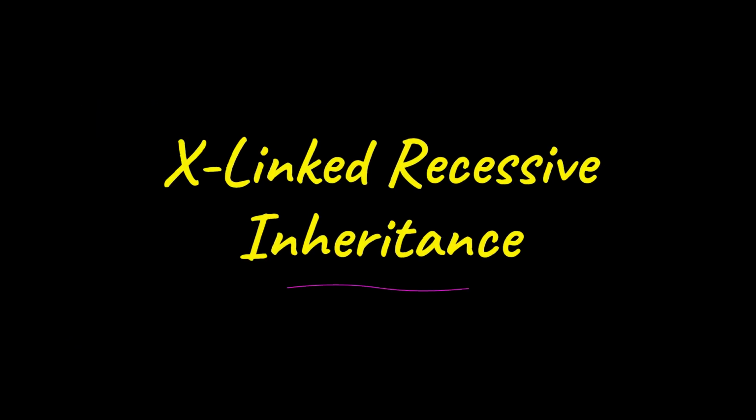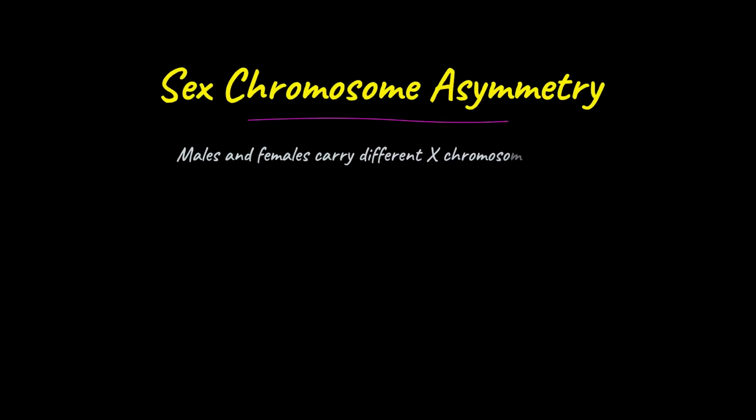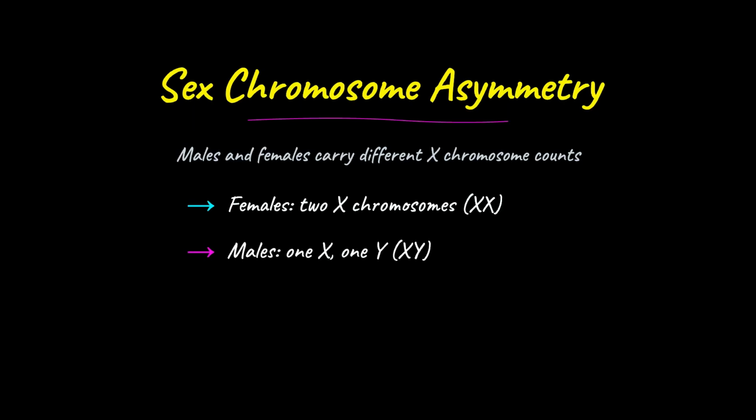One of the most distinctive patterns in human genetics is X-linked recessive inheritance. To understand it, we need to look at how sex chromosomes are distributed differently between males and females, and what that asymmetry means for trait expression. Females carry two X chromosomes, so a recessive allele on one X can be masked by a dominant allele on the other.